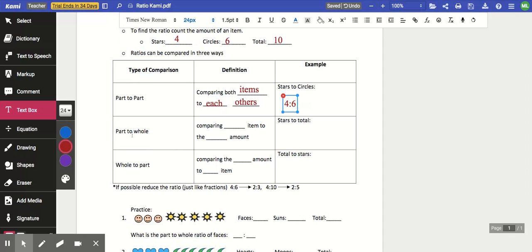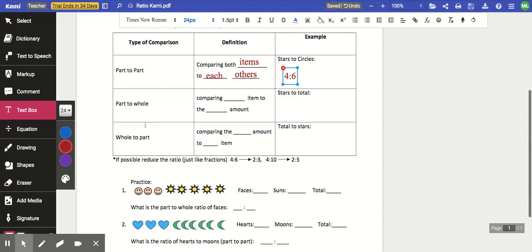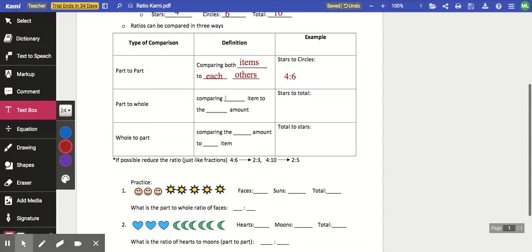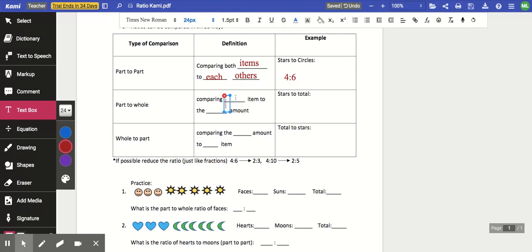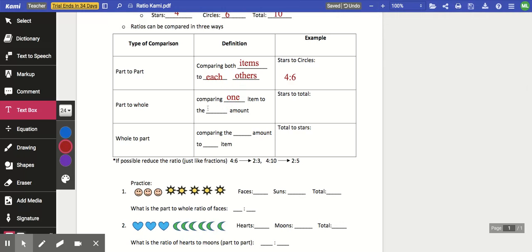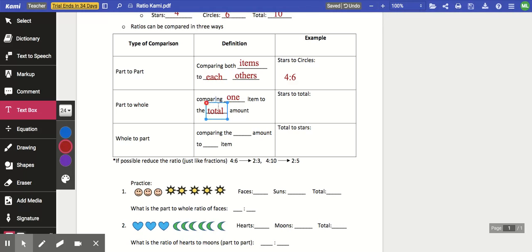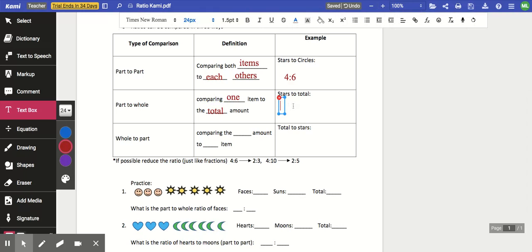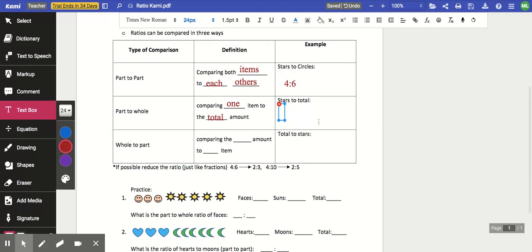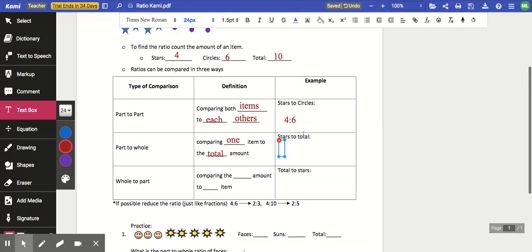Our next way to compare ratios is part to whole. So you're comparing one item to the total amount. Here, we're going to compare stars to total.